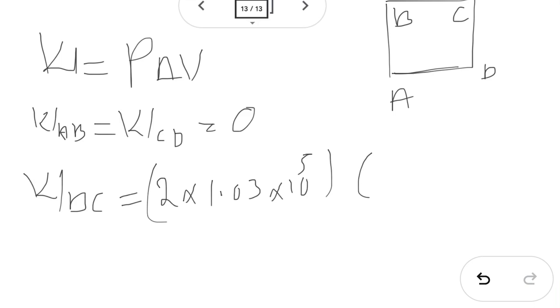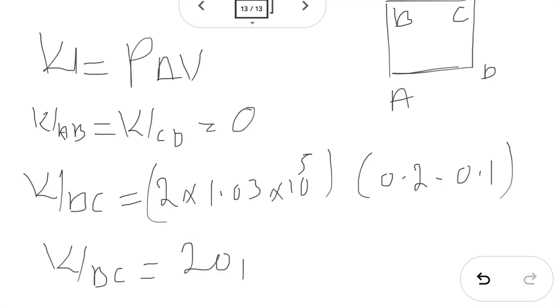The final volume there was 0.2 cubic meters, and the initial was 0.1. So 0.2 minus 0.1, giving us the work done during process BC as 20,260 joules.